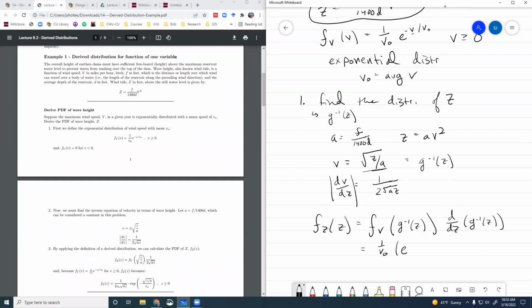So we're going to plug in e to the negative 1/2 square root of AZ, and all that is divided by v naught. And then we're going to multiply everything by, oh, sorry, I'm supposed to put the actual inverse function in there. I put the derivative in there. Okay, so negative the inverse function, which was right here.